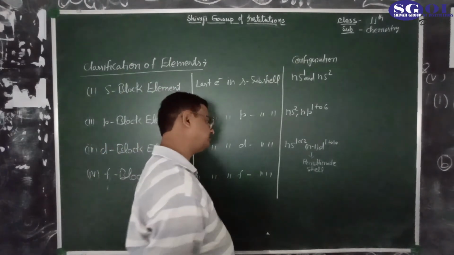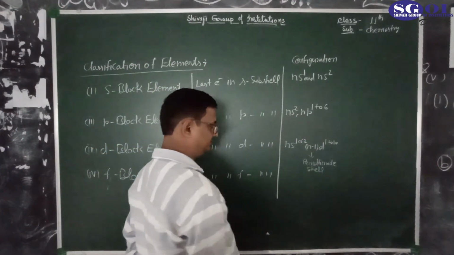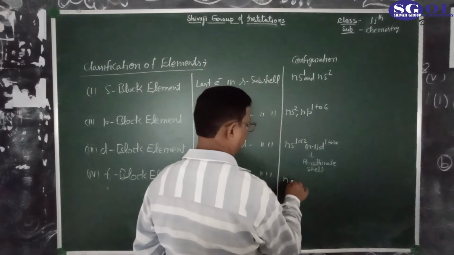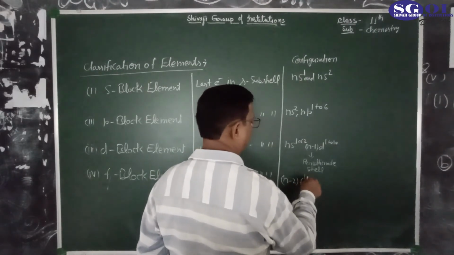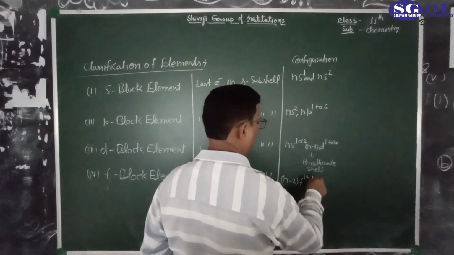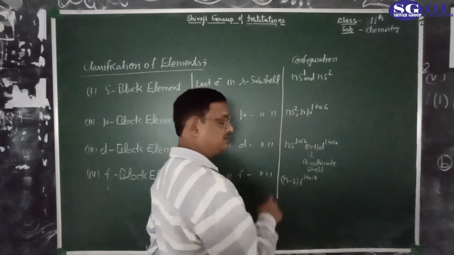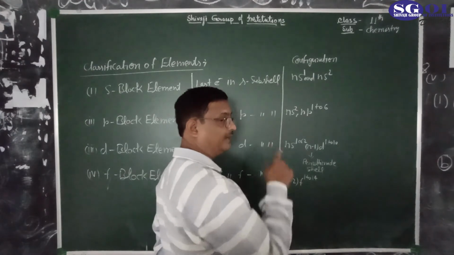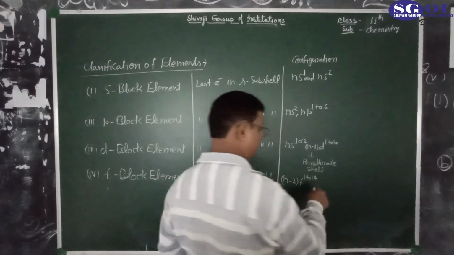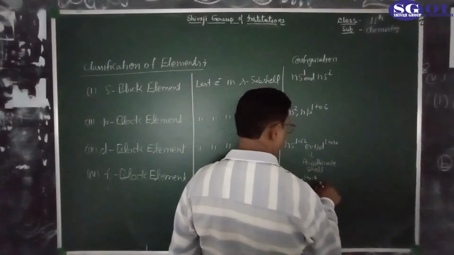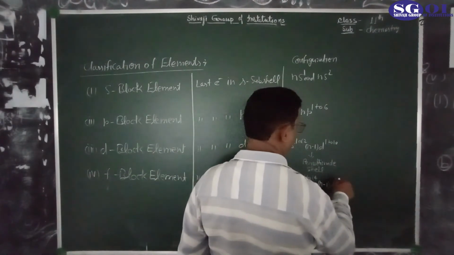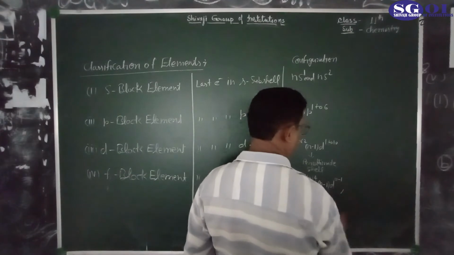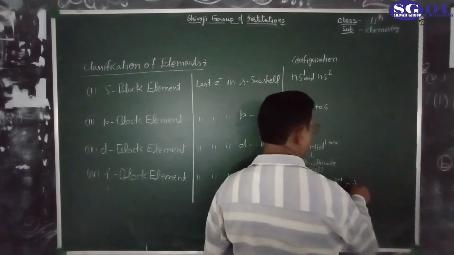Now, for the F block element, the configuration is (n-2) f1 to 14, which means the electrons vary from 1 to 14, then (n-1) d0 or 1 and ns2.